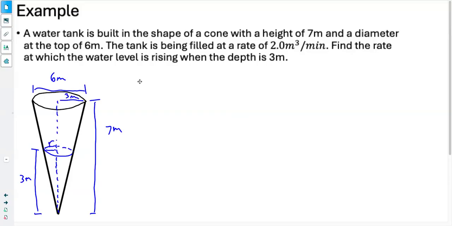Now, we're given our change in volume per minute, so we know that dV/dt is 2 meters cubed per minute. And then we're looking at how our height changes.